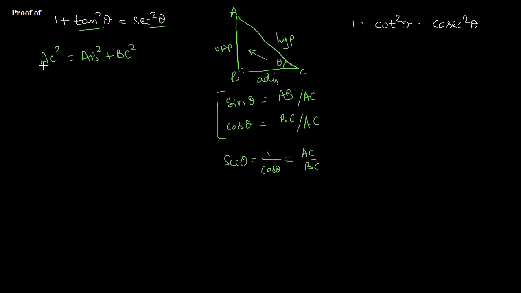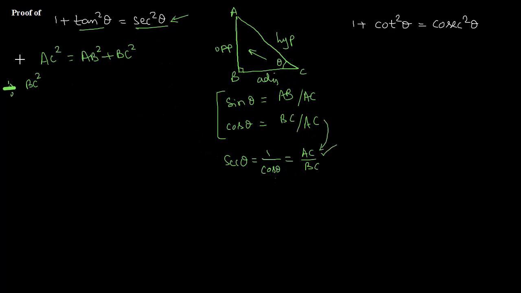So AC square is there, I don't have BC square. So let's divide the whole equation by BC square. The reason I am dividing by BC square is that on the right hand side, secant theta ratio, if you look at the diagram, is the reciprocal of cos theta, which is equal to AC by BC, which is that.